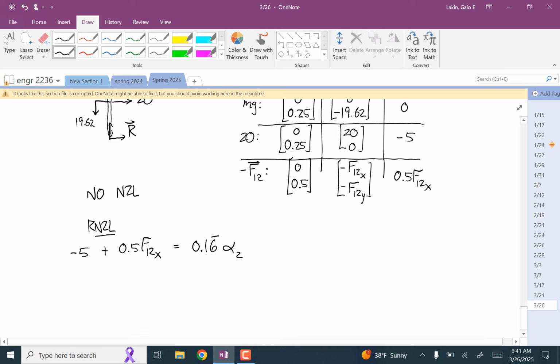And I'll rearrange this, and we had 3 equations from body 1. Now we have a 4th equation that says 0.5 F12x minus 0.16 repeating alpha 2 is equal to positive 5.